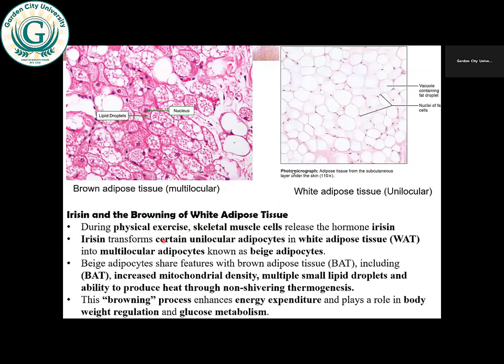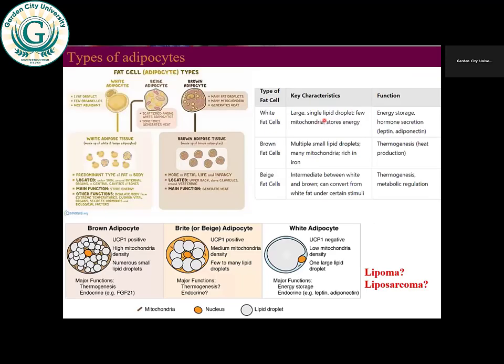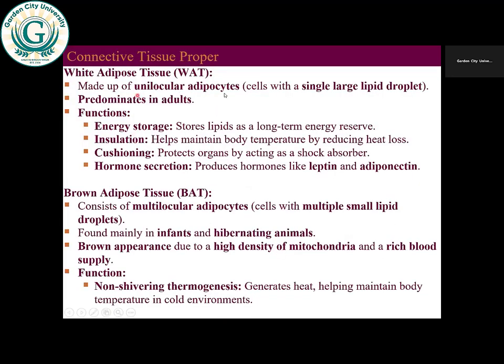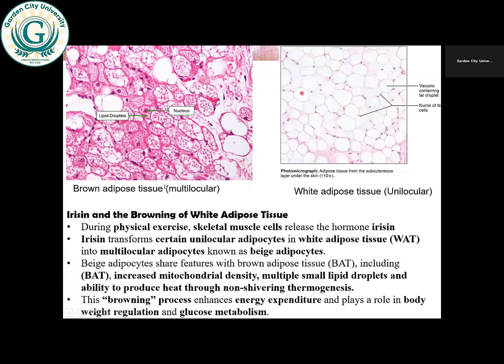So this is what you see under the light microscope. Because we are not doing histology much, let me use this one. This is how white adipose tissue looks. You see, they only have one large vacuole, and this one will store the fat, and that is why we say they are unilocular adipocytes, made up of just a single vacuole with a lipid droplet.